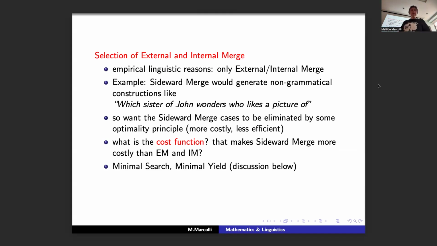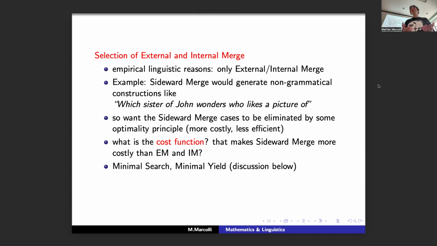So the idea is that it's formulated as part of what the model should include, that there is some kind of energy or cost function that makes sideward merge more costly with respect to external and internal merge. And of course, it should be something naturally defined.